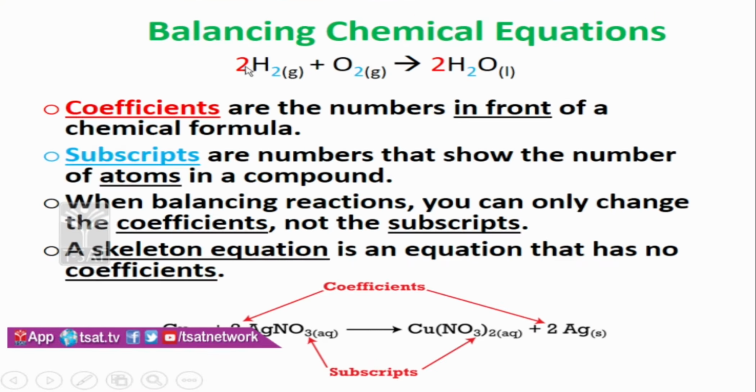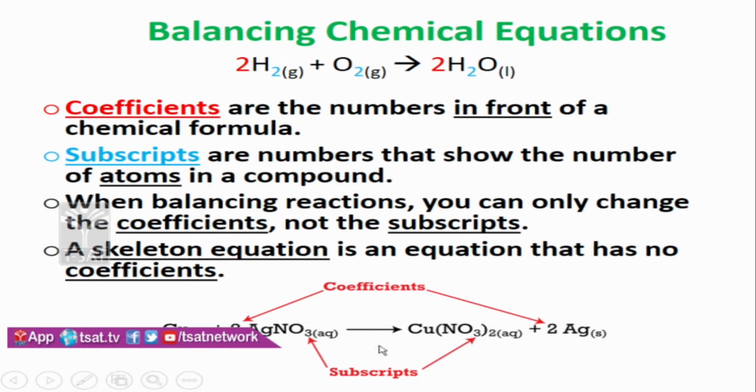If we put 2 here, 2 into 2, that is 4 atoms of hydrogen, and here also 4 atoms of hydrogen. Similarly, on the right hand side in products, 2 into O gives 2 atoms of oxygen. So, it is balanced. The skeletal equation should be balanced in such a manner.